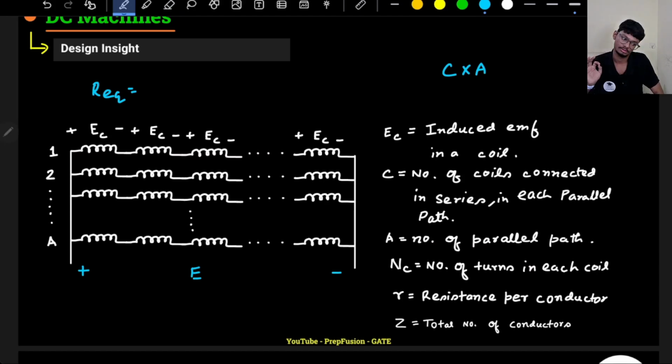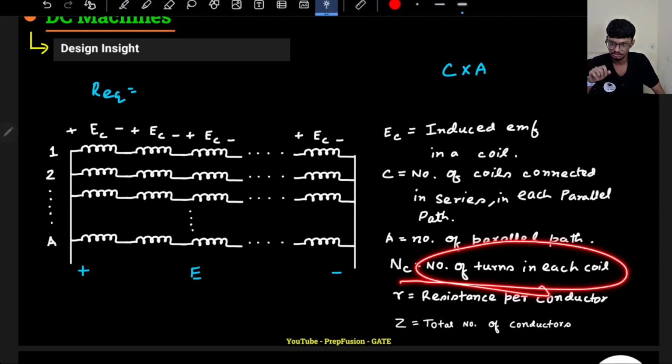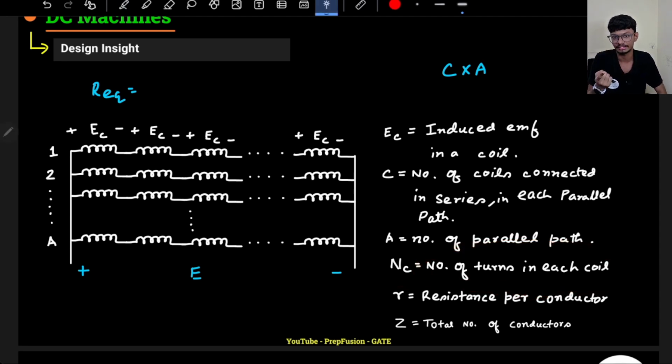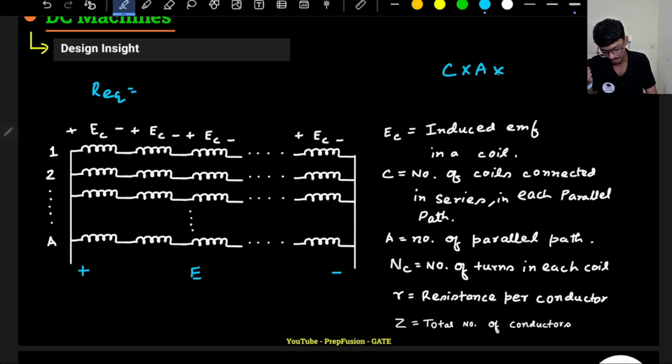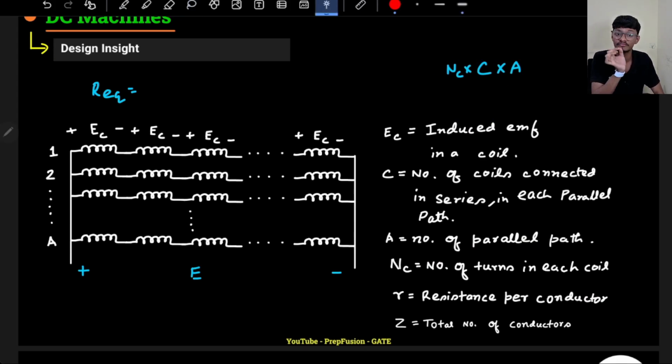Now, how many conductors do I have in total? If these are my total number of coils, and each coil has NC turns, then the total number of turns is NC into C into A. Now, how many total conductors do I have?